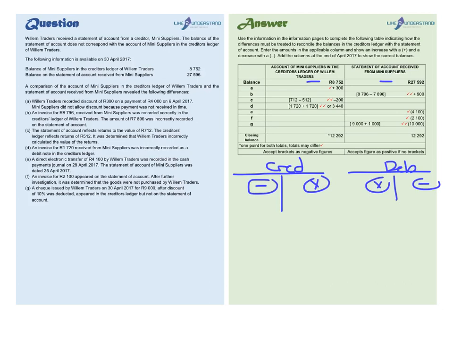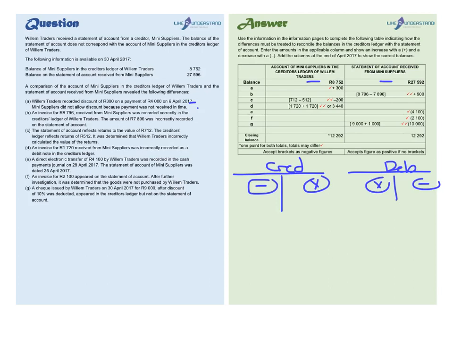Willem Traders recorded a discount of 300 on a payment of 4,000 Rand on the 6th of April. Many suppliers did not allow the discount because this payment was not received in time.